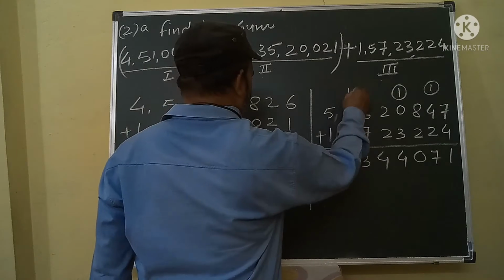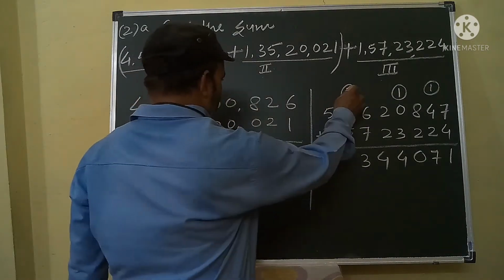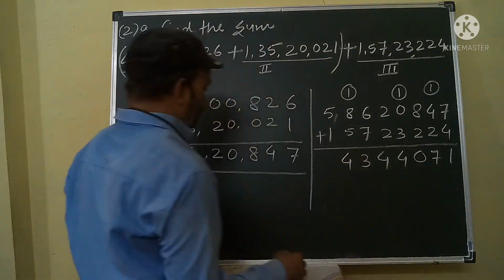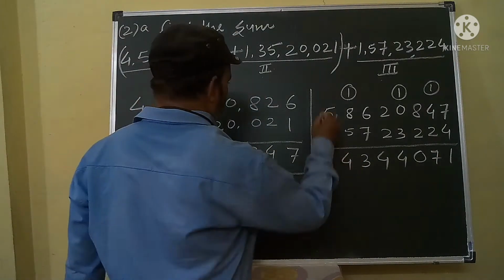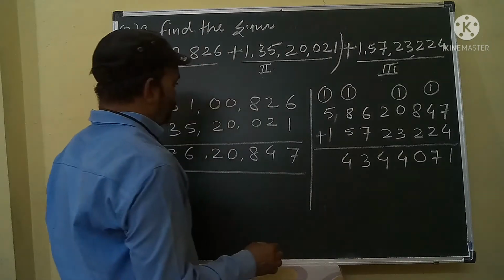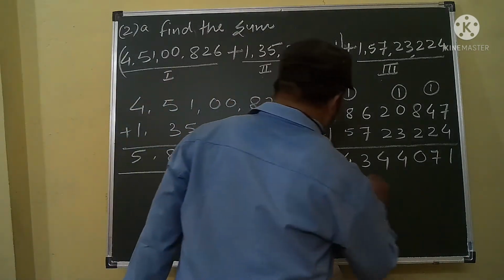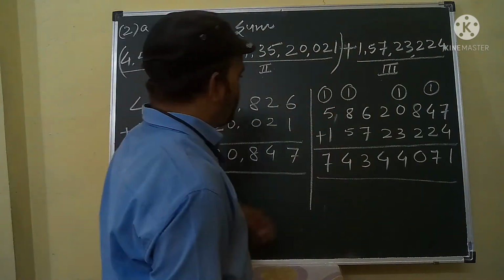This is 3. Carry over is 1. 1 plus 8, 9. 9 plus 5, 14. This is 4. Carry over is 1. 1 plus 5, 6. 6 plus 1, 7. Okay, again I will explain.